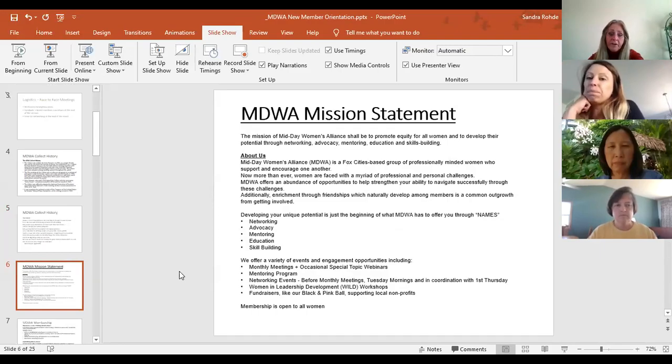And then the fundraiser part, like the Black and Pink, Joanne is going to take foundations and put an umbrella over all of those individual activities we're doing. Where did we decide Women of Distinction ends up? Is that a program, or is that foundations? I think it ended up in the programs, right?